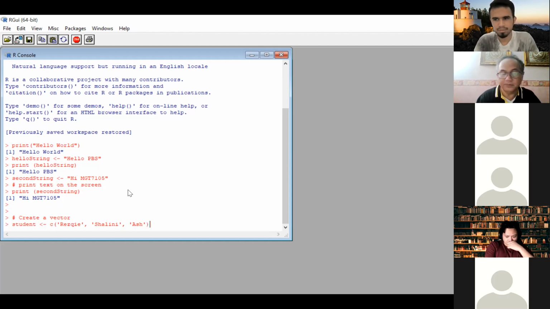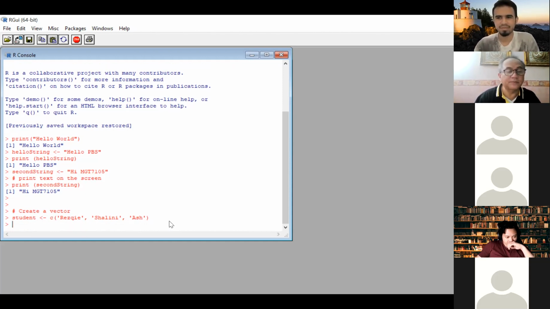And this is a student. The vector is called student. We have C. This is the content, the data in the student. Then you enter. And then you want to print student.